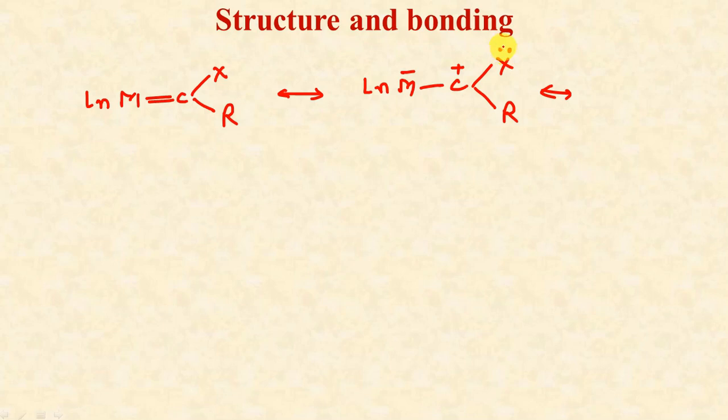Or this structure can be represented as LnM, negative carbon, and R here, with a positive charge on the substituent. So these are the different resonating forms for Fischer carbenes.